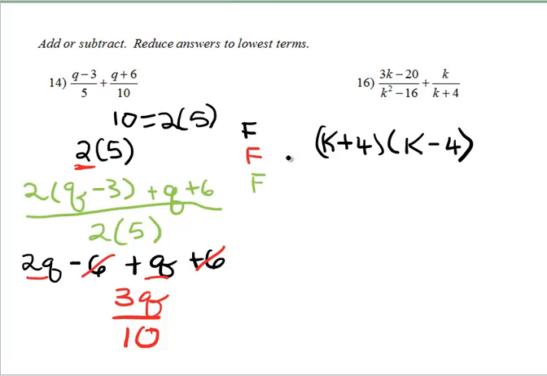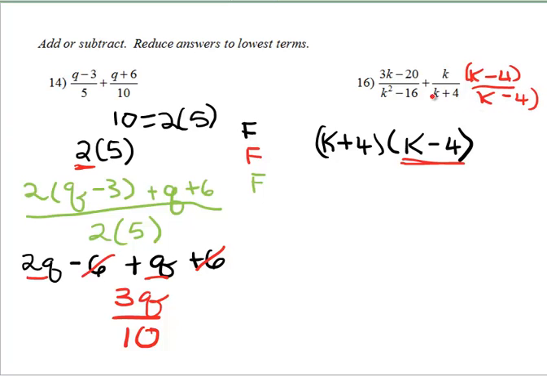And now I have to find the missing one. So here's k plus 4, here's k plus 4. So this is the factor that's missing up here that I'm going to have to multiply by. So there's k minus 4 over k minus 4.